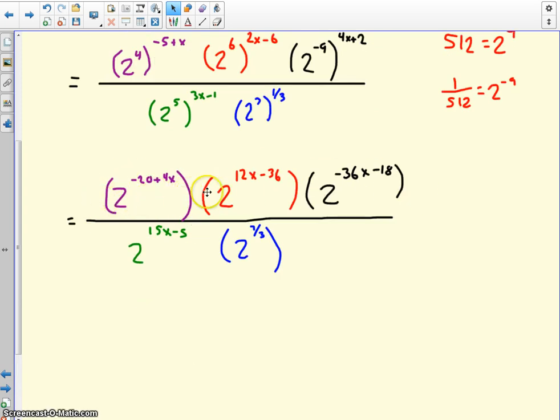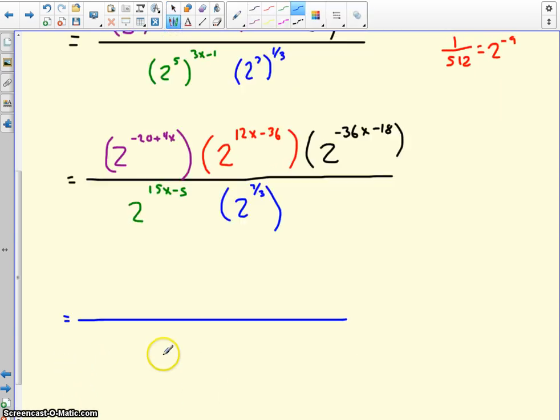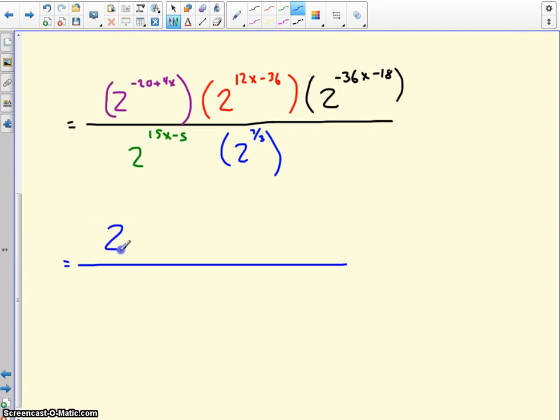I'll work the numerator and the denominator separately. So putting all these together, I'm going to get 2 to the negative 20 plus 4x plus 12x minus 36 plus negative 36x minus 18. I'll do that off to the side here just to save myself some space.